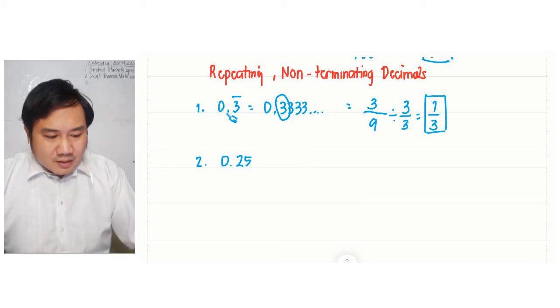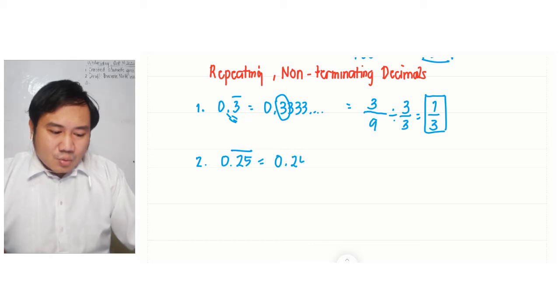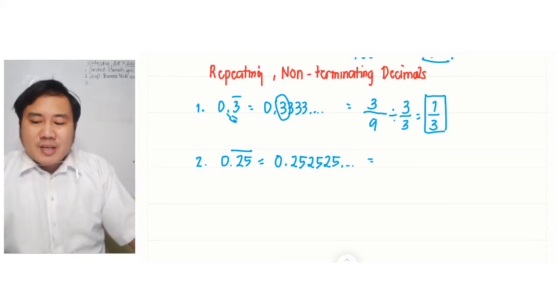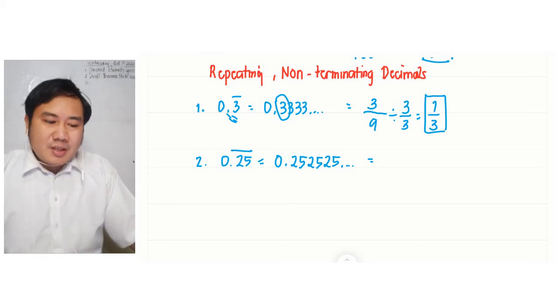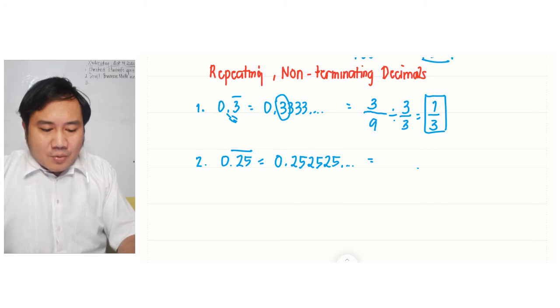0.25, then may bar sa taas. So, ibig sabihin, this is 0.2525 infinitely. So, how are we going to change this repeating non-terminating decimal in fraction? Like in number 1, ilan ba yung digit na nauulit?